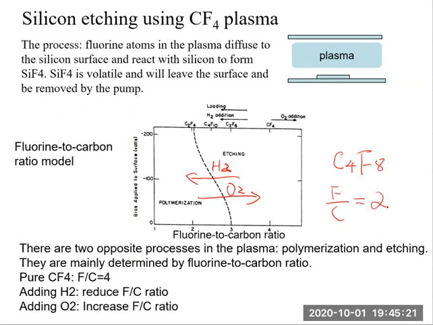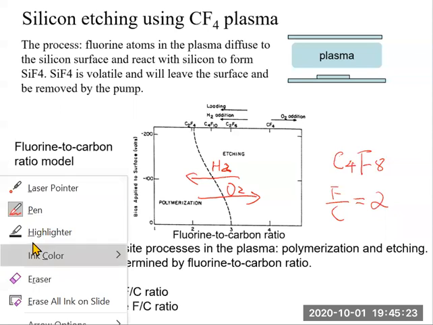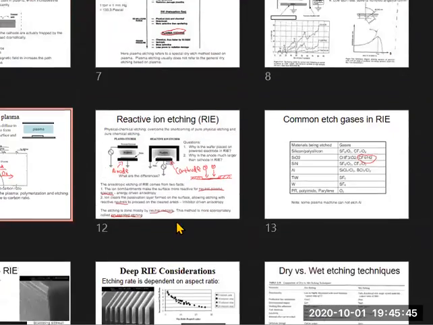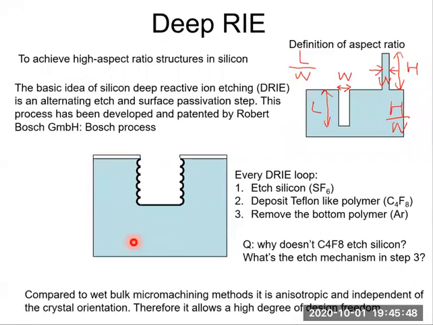So what will happen with a fluorine to carbon ratio of 2? Polymerization. Yes, very good, namely deposition. It's a deposition instead of etching. That's the reason in step 2. A Teflon-like polymer is formed, so it's a polymerization instead of etching.